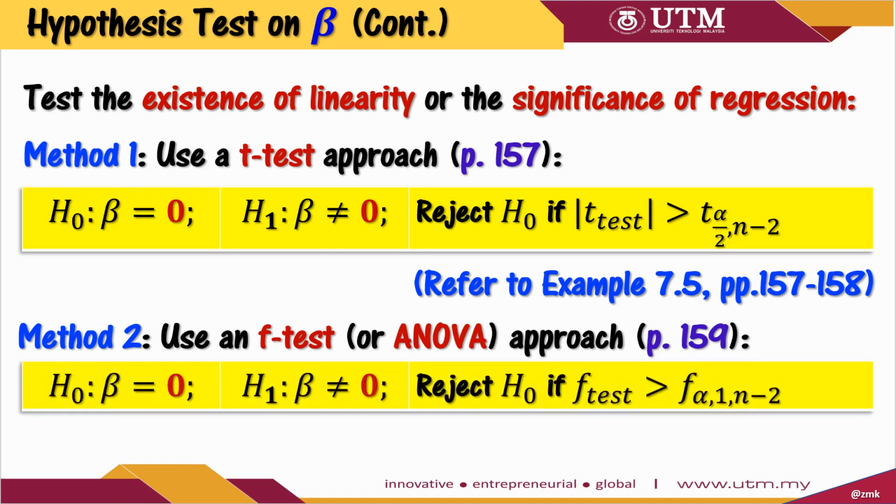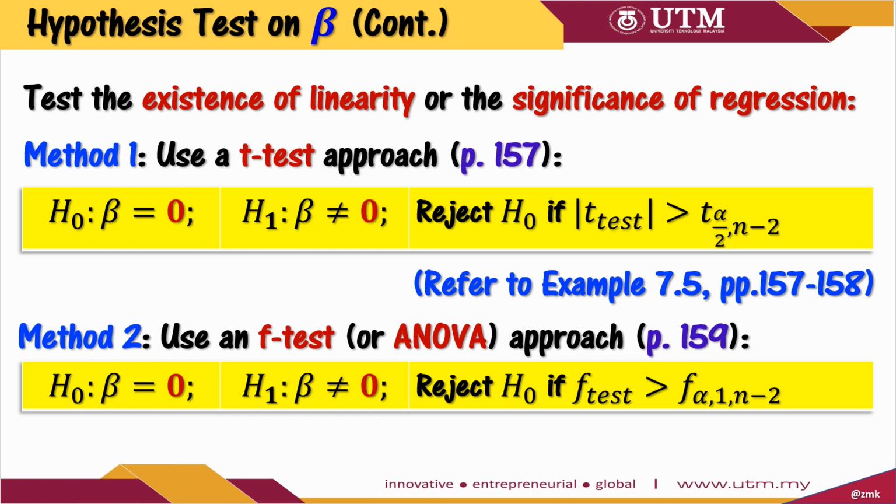The null and alternative hypotheses are exactly the same as in the t-test approach, but the decision rule when using the F-test approach is to reject the null hypothesis H0 if the F-test statistic is greater than the right-sided F critical value at alpha and degrees of freedom 1 and n minus 2, where the first degrees of freedom is the regression degrees of freedom, which is equal to 1, whereas the second degrees of freedom is the error degrees of freedom given by n minus 2.